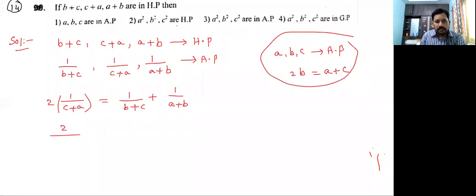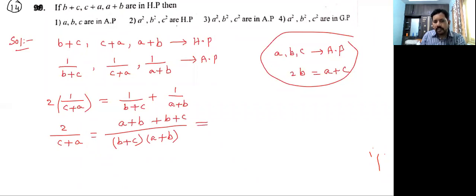Now take the LCM. 2 by C plus A is equal to, the denominator will be B plus C into A plus B, and the numerator is A plus B plus B plus C. Now take cross multiplication: 2 into B plus C into A plus B. Multiply that: 2 into AB plus B square plus CA plus CB.